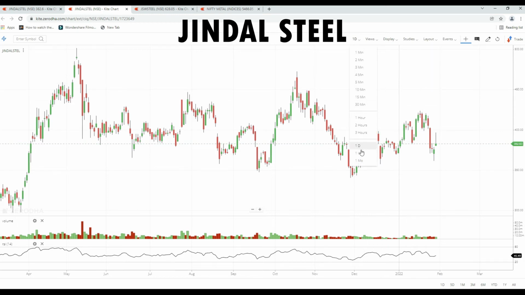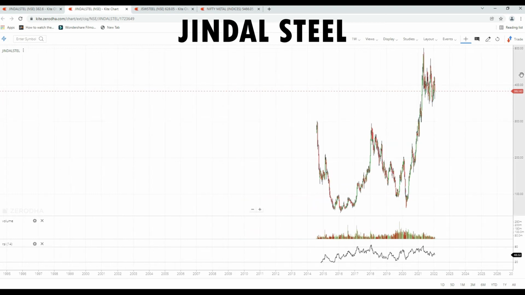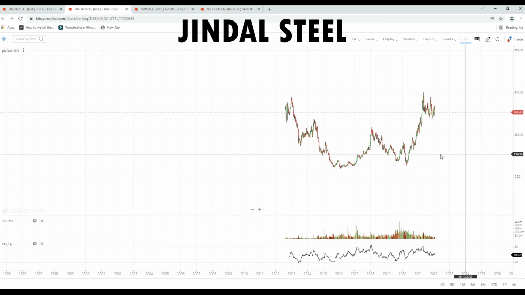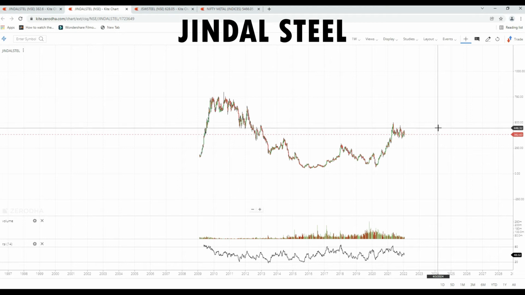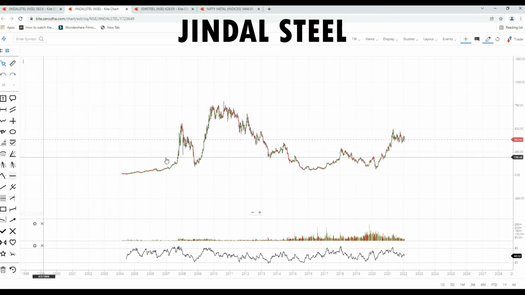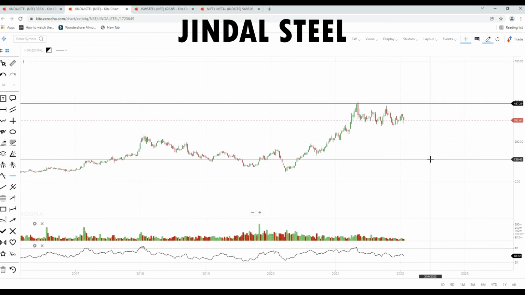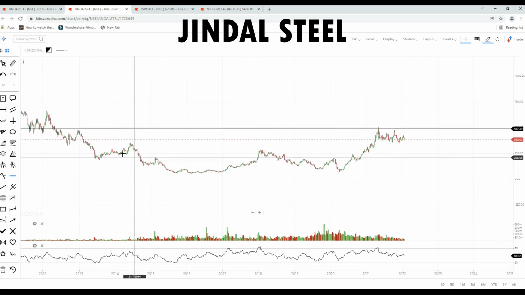If I take you to the bigger time frame, you see this range, somewhere around 500, has a good resistance. The last resistance it faced was in 2012.